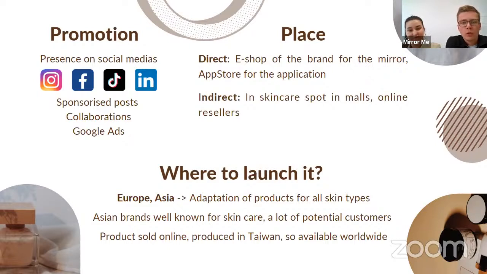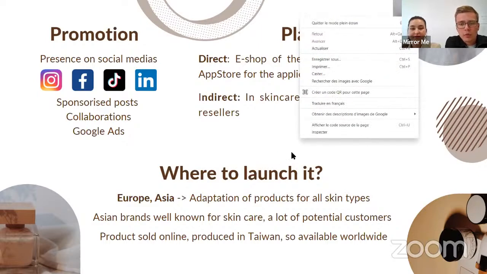And in the future, we will have some partnerships with physical stores, particularly a skincare spot in a mall. For the launch, we will first focus on Europe and Asian markets, because Perfect Cop is already well known in both markets.